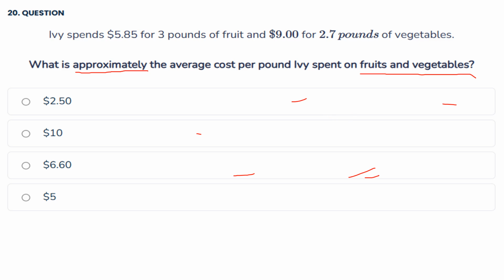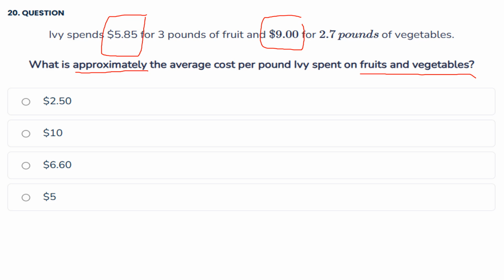All right, so first thing we need to find out is what is the total cost? Now remember, because it's saying approximately, that means that we're going to be rounding. So the two costs that we have: $9 for the vegetables, but the cost for the fruit is $5.85. So we want to round it up to the nearest dollar. So since we're rounding it to the nearest dollar, the number that we need to round up is that 5 next to the dollar sign.